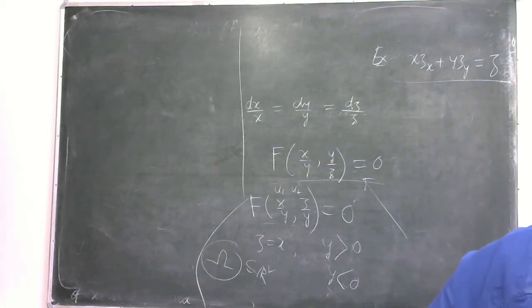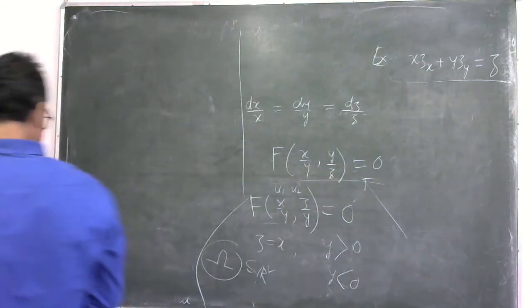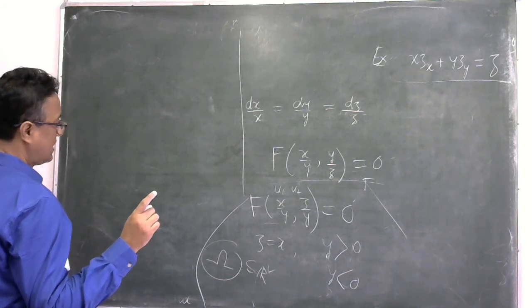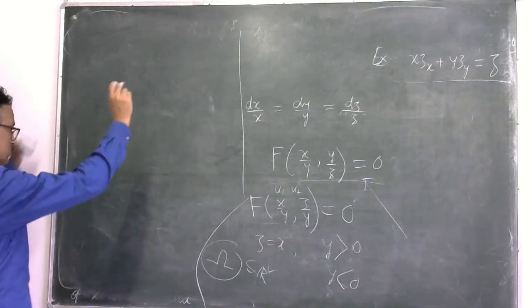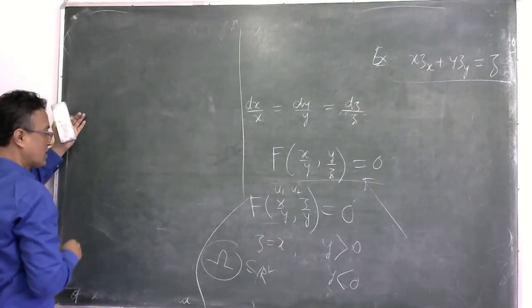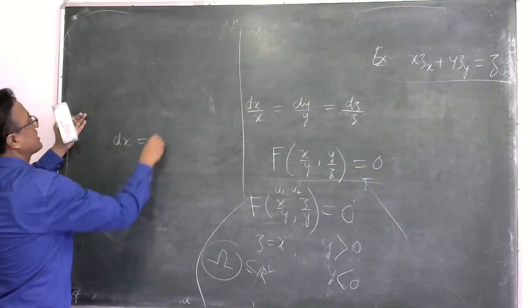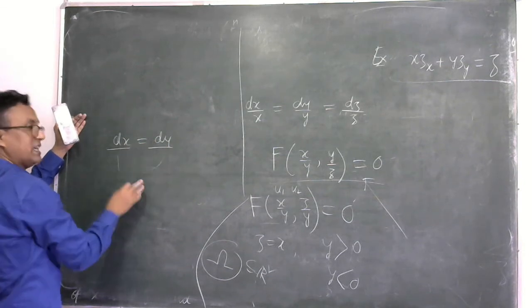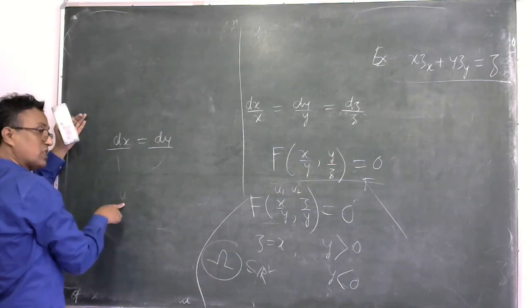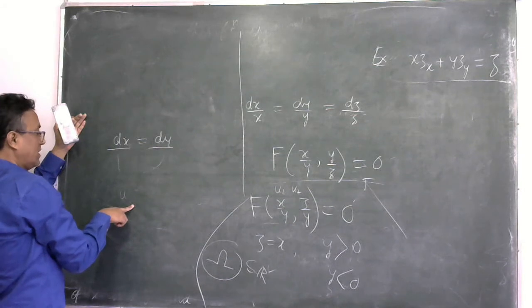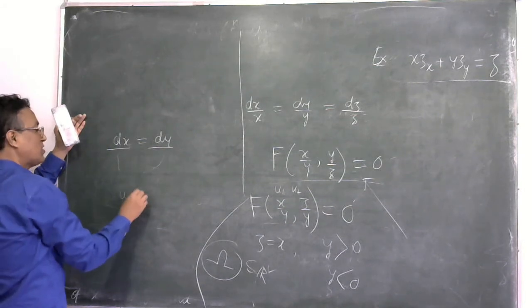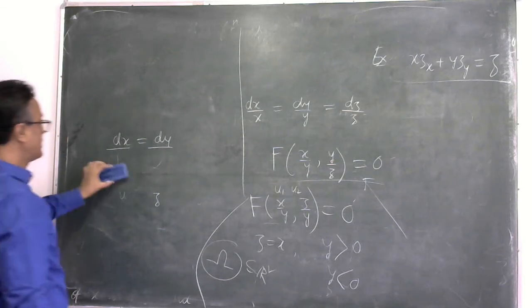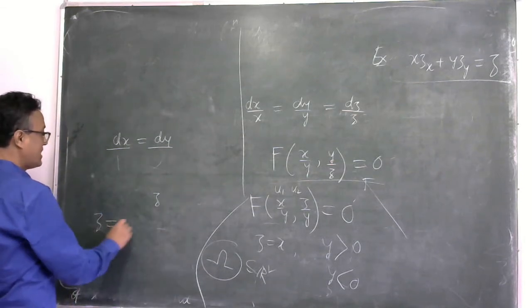Suppose from these first two expressions itself, I get an integral surface where the function connected with that integral surface is independent of u.